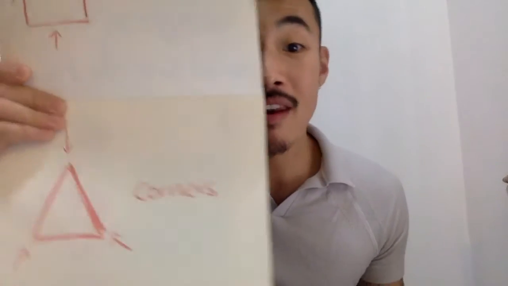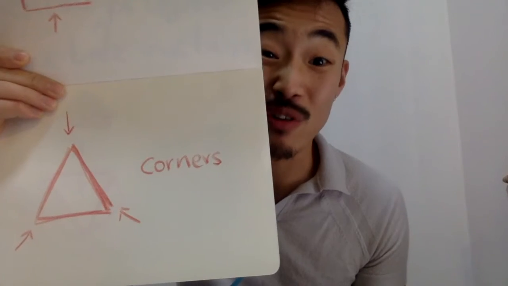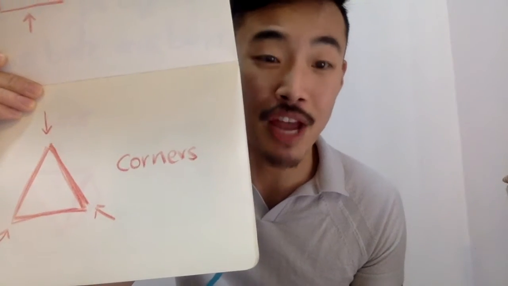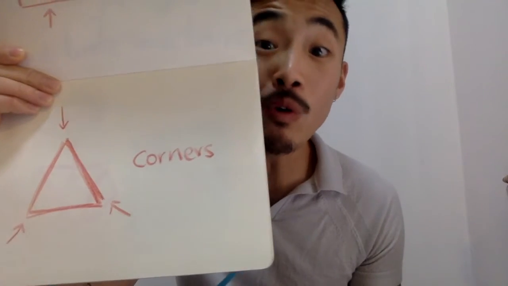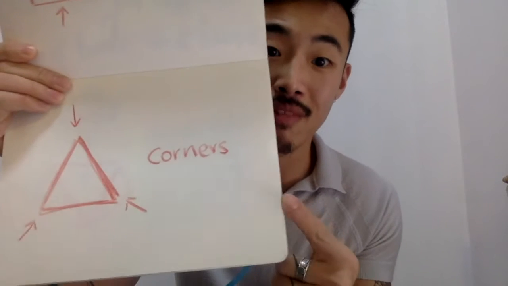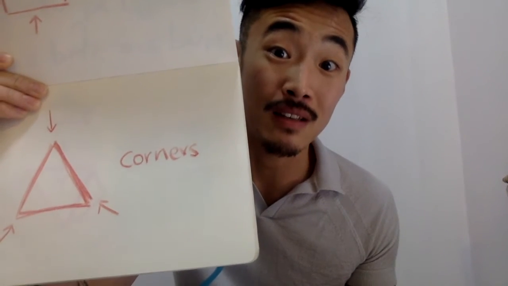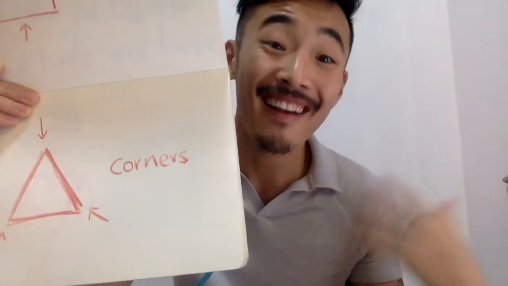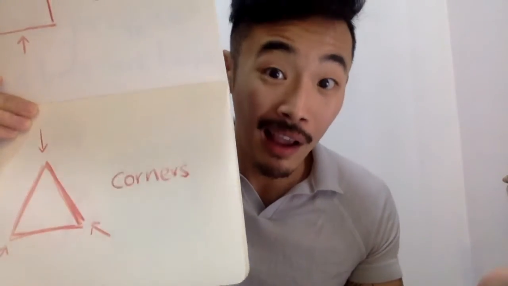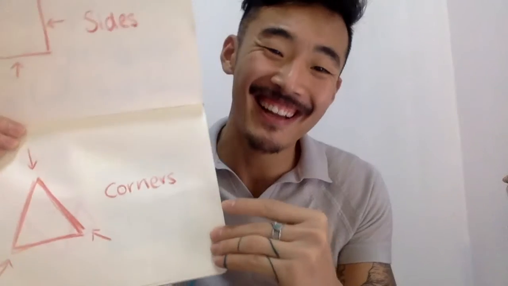Another way for us to recognize shapes is by the attribute corners. So, this shape has 3 corners. What shape is this? That's right, it's the shape triangle.